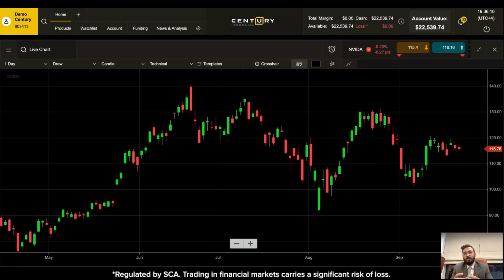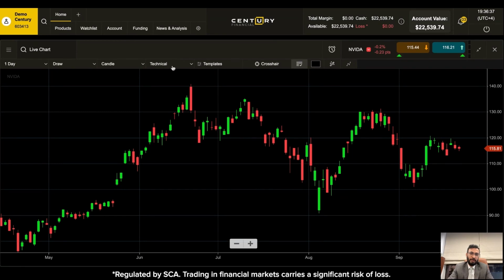If I'm looking at a 50-day moving average, I would be looking at the average closing price of this particular stock, like Nvidia, over a period of 50 days. So in the last 50 days, what has been the average closing price of Nvidia? That's the idea.